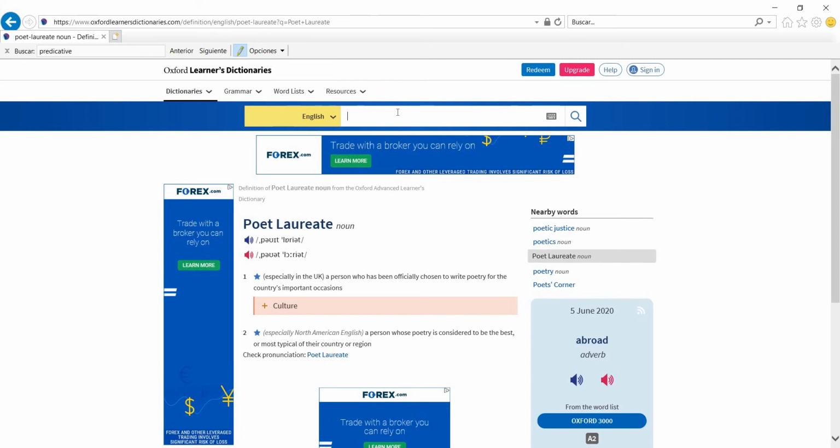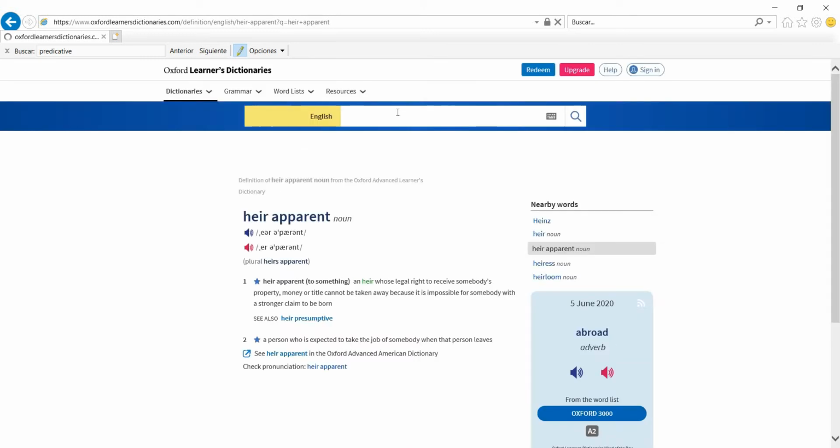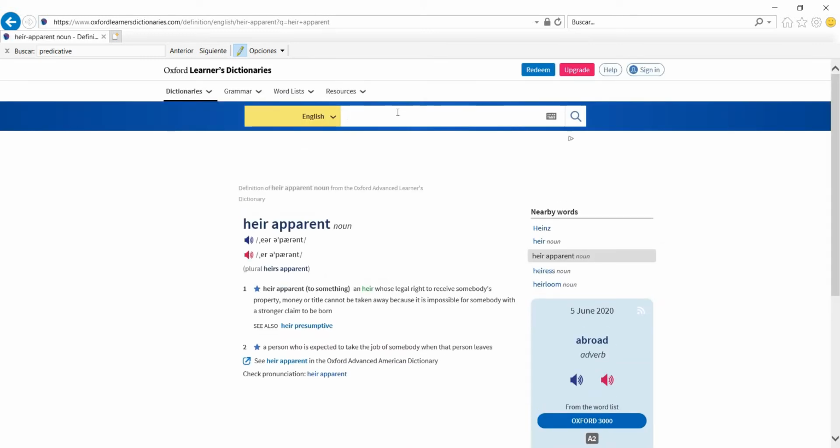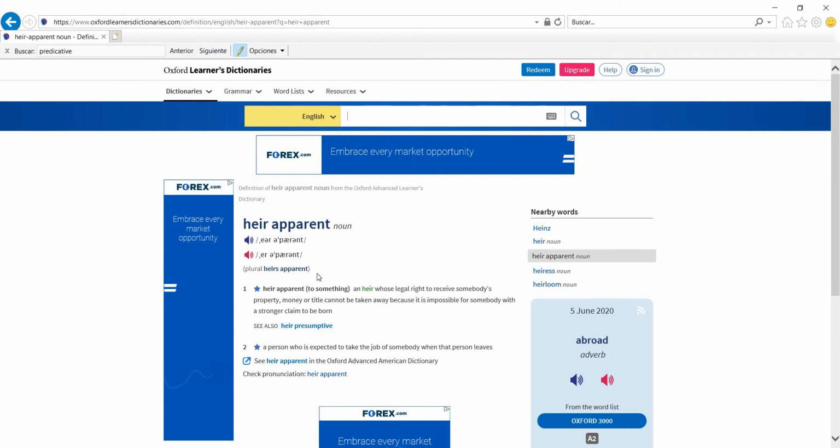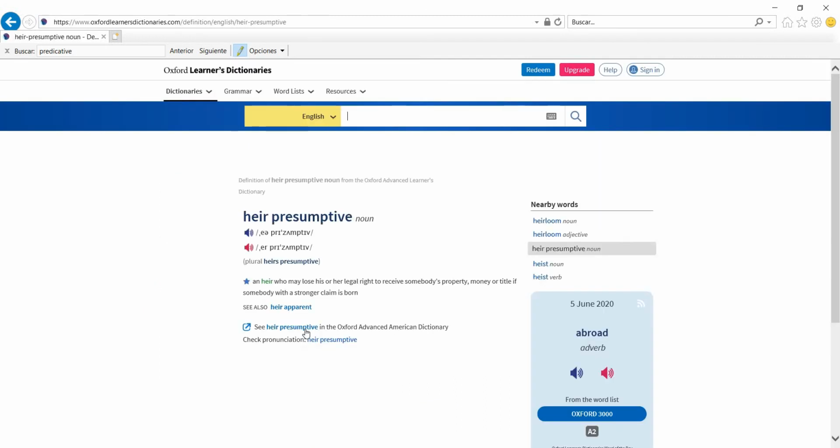These are the ones you have here, but there's also heir apparent, right? A term that possibly you have already seen in history or will see in history, right? So the heir who has the legal right to inherit either property or money or whatever, or a title. And there's also heir presumptive, right?